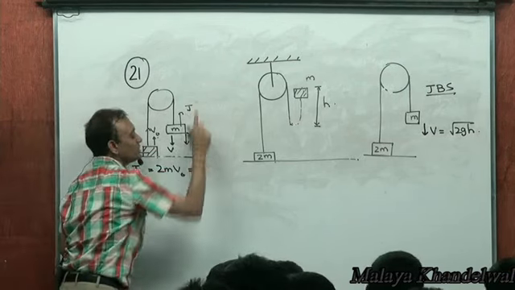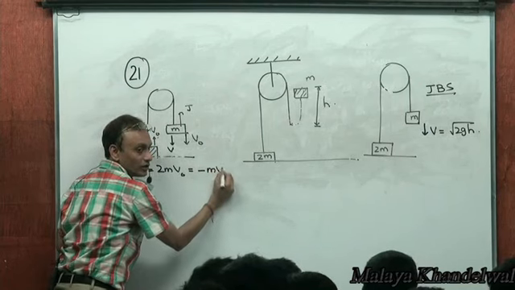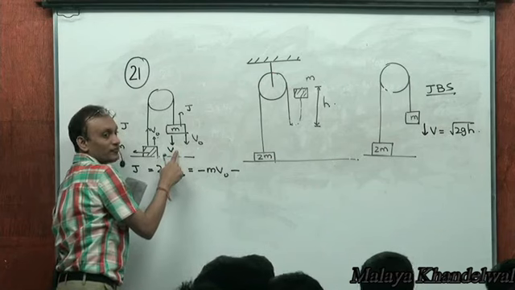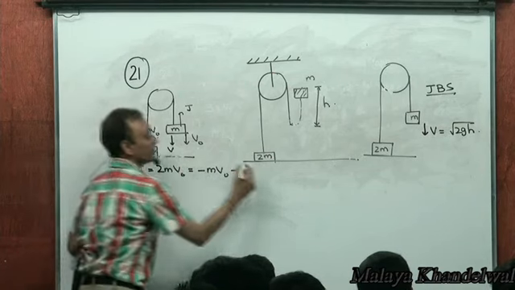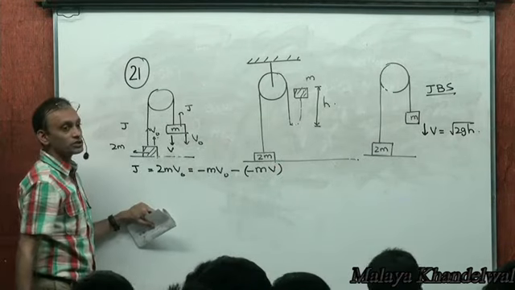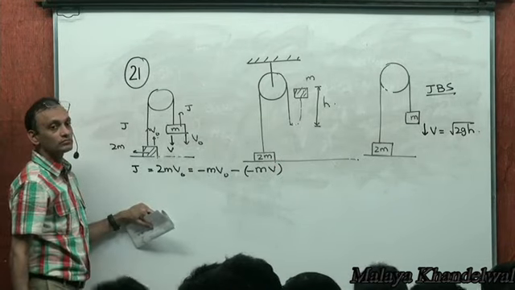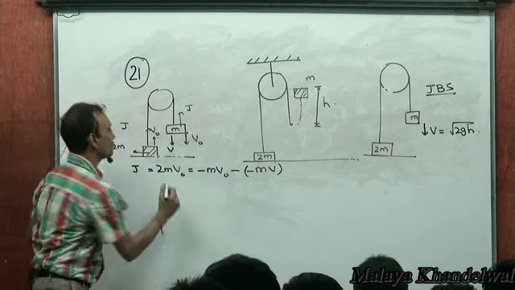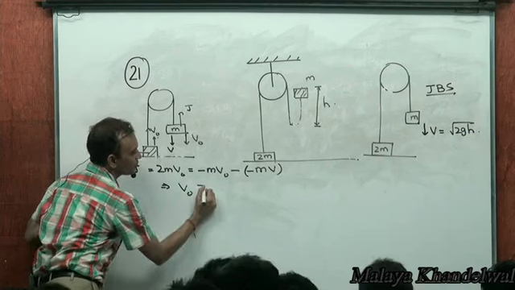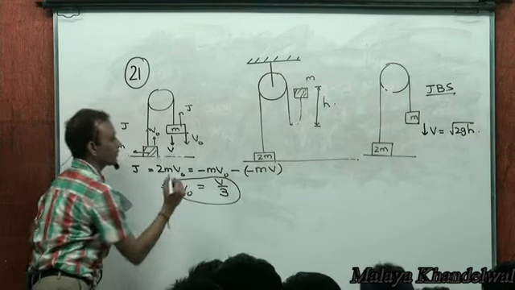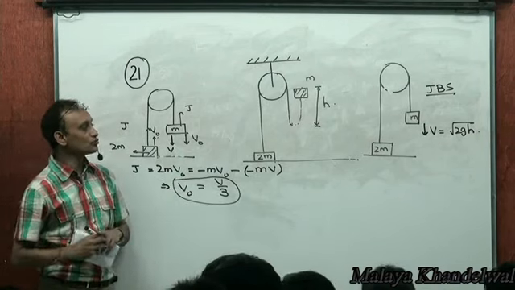Final linear momentum in the direction of impulse is minus m v naught, minus initial linear momentum in the direction of impulse, which is minus mv. That's the change in linear momentum in the direction of impulse, yes or no? And this will give you v naught. V naught, as you can see, then would be v by 3. V is root 2 gh.